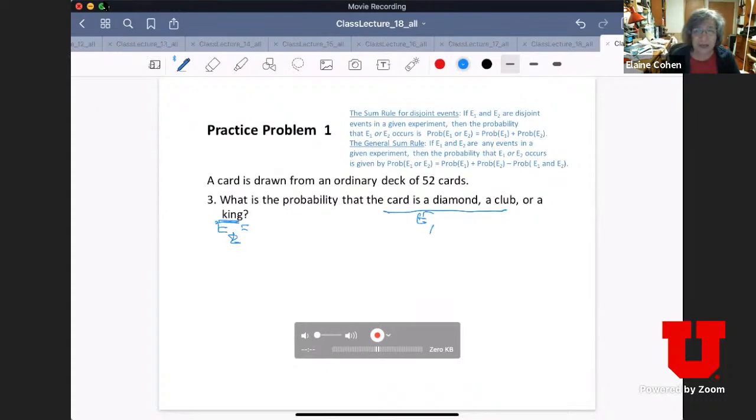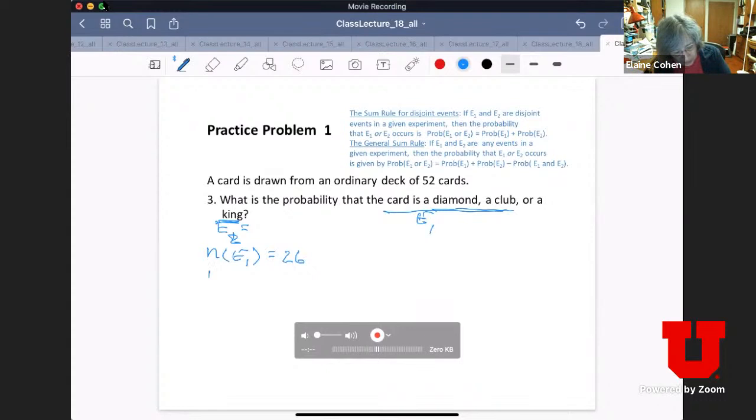Now, when I say it's a diamond or a club, how many elements are in E1? How many possible outcomes can there be if I say what's the number of outcomes that are in E1? Well, it's 26. Diamonds are 13, clubs are 13. They have nothing in common.